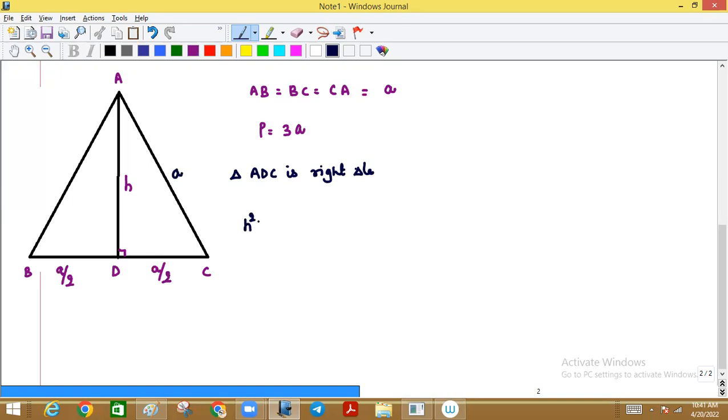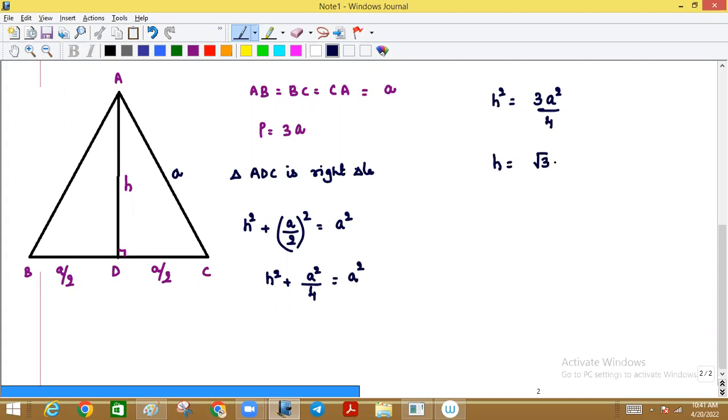Can I say h square, side square plus side square is equal to hypotenuse square. h square plus a square by 4 is equal to a square. Therefore, what is h square? a square minus a square by 4 is 3 times of a square by 4. What is height? Root of 3 into a divided by 2.